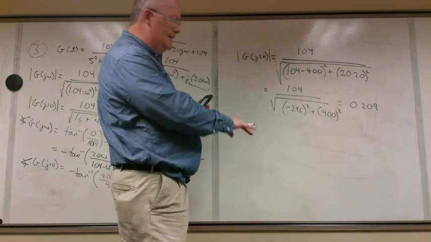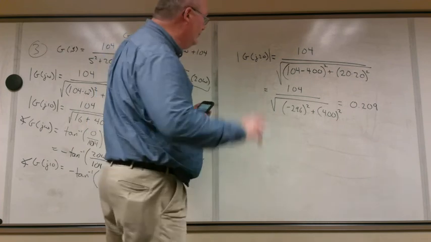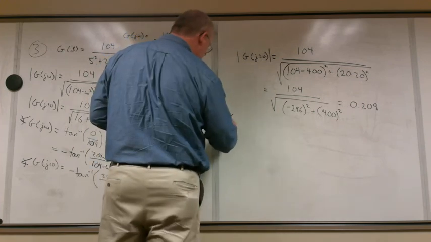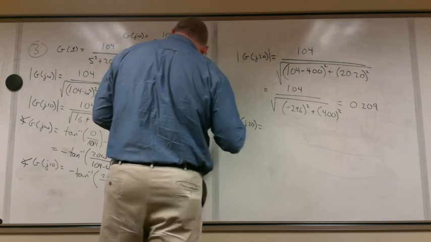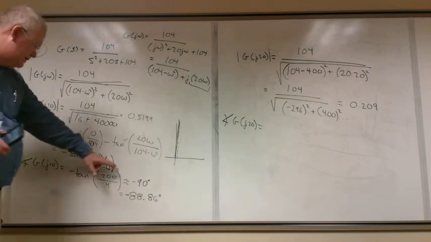All right, that's easy. That's nothing to worry about. But the phase angle makes things interesting. The angle of G of J20 is equal to, once again, we still have this expression right over here.